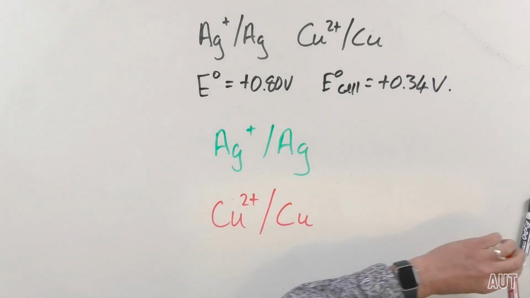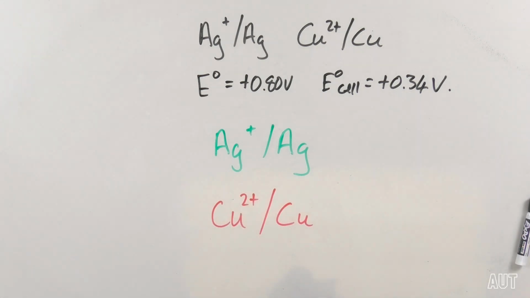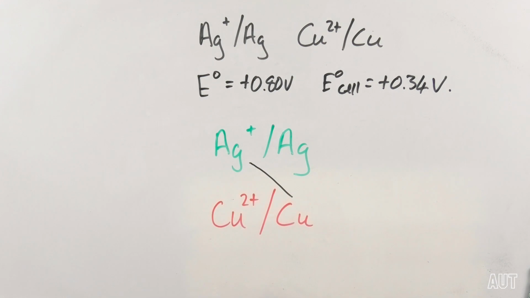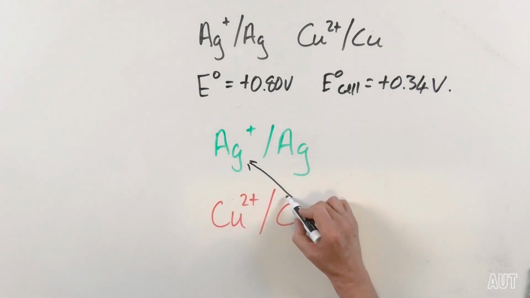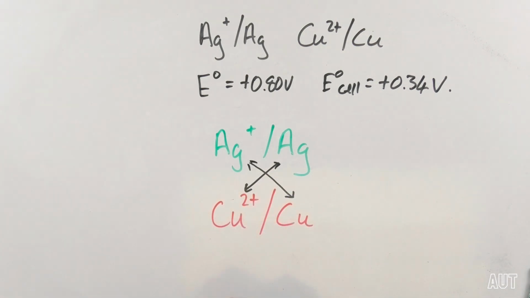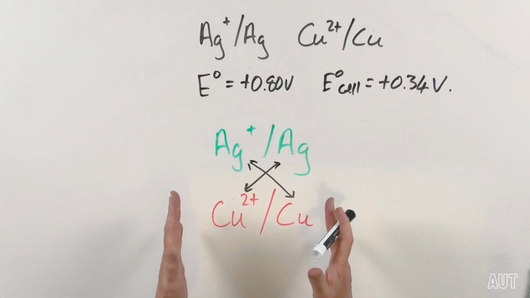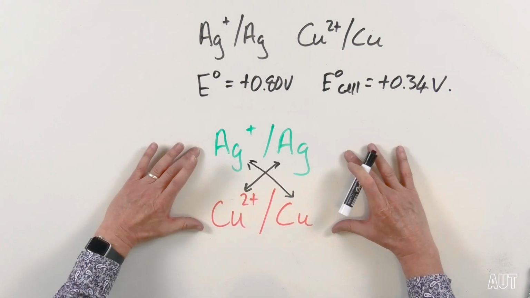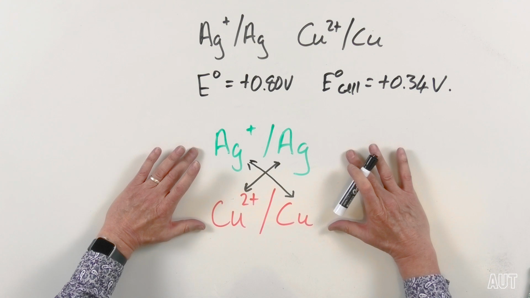Right, so what are the two processes that can occur? What are the two possible reactions that can occur? Well, we can have a reaction between Ag plus and Cu, and we'll put little arrows there, or you could have a reaction between Cu2 plus and Ag. And that's it. Those are the only two possible processes that you could have in this, as a result, I guess, of bringing these two half cells together.